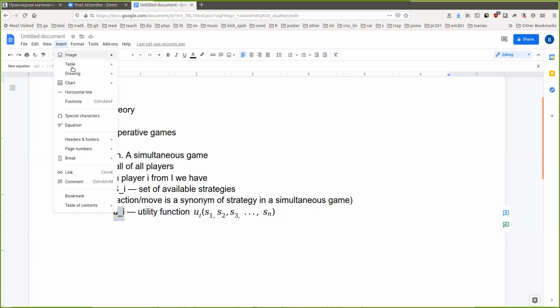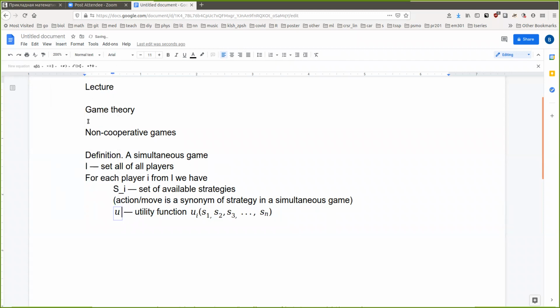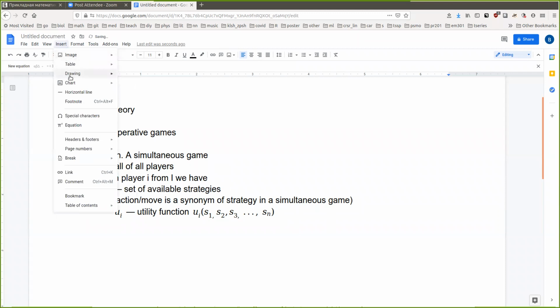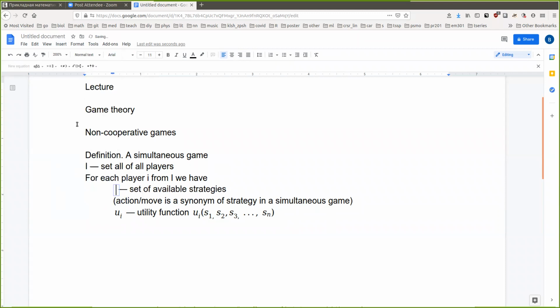U_i, and that will be s_i. Basically, that's a game. We have defined what is possible to do. We have defined what are the consequences of your actions. That's all.